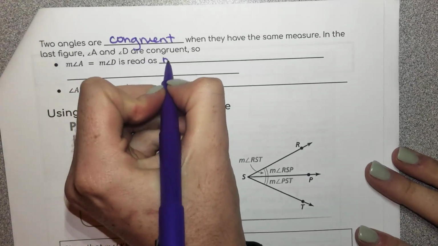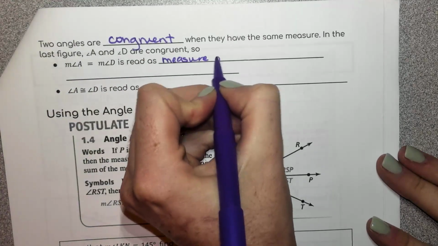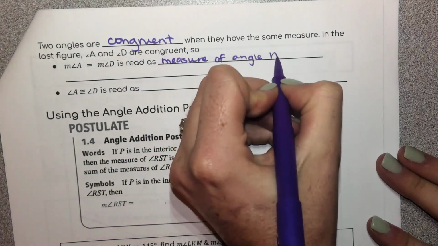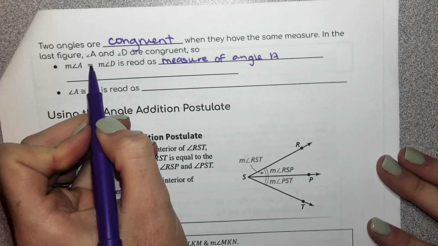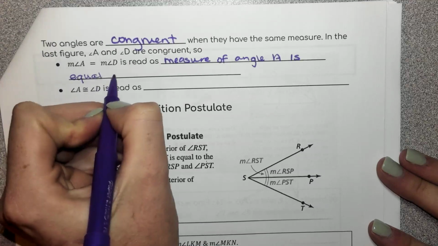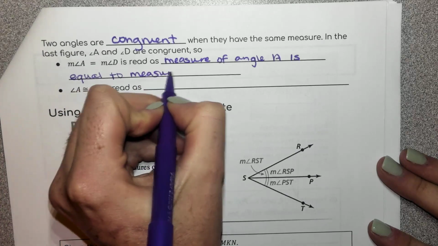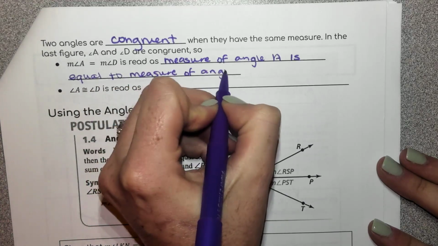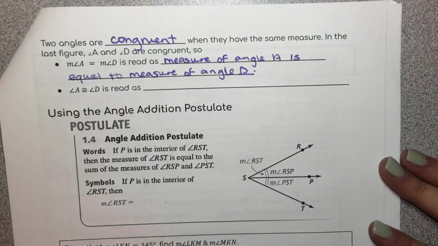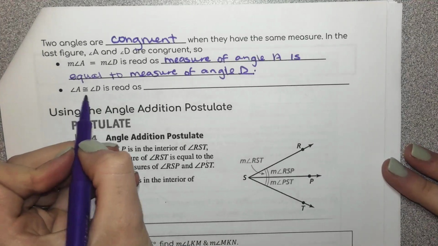Measure of angle A is equal to the measure of angle D. Alright, what is the next line read as then? Angle A is congruent to angle D.